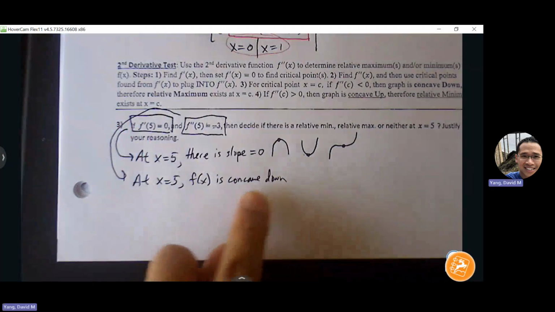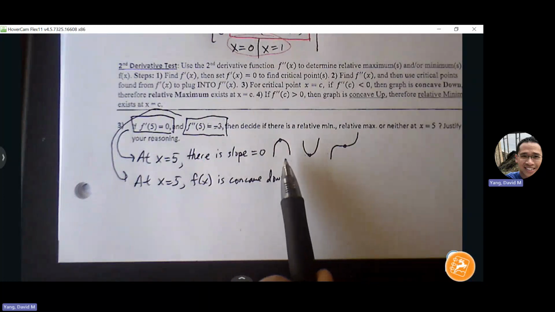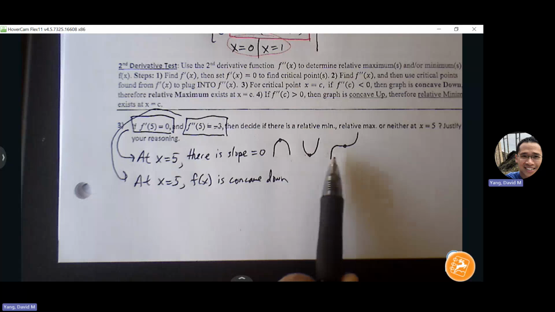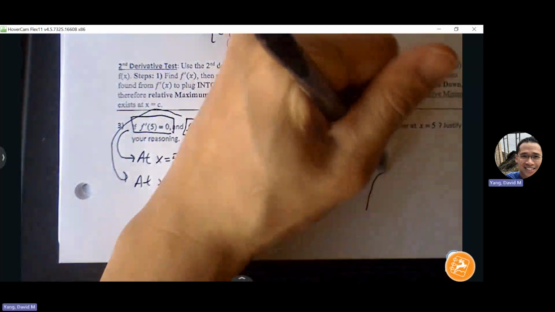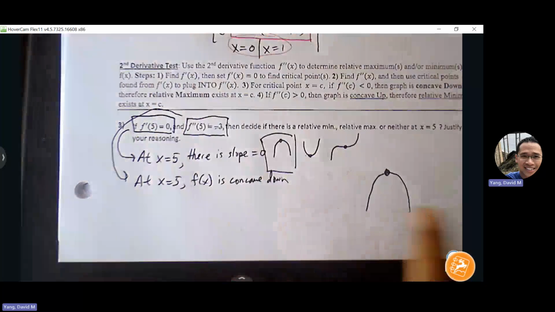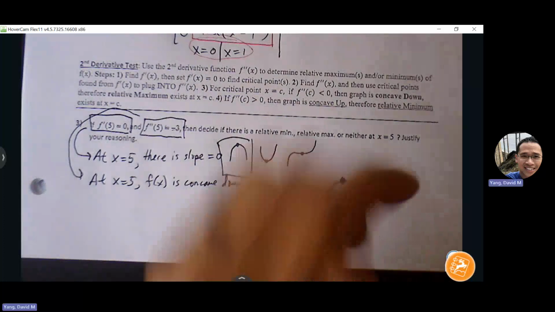So if it's concave down and slope 0, which of these options will the graph look like? The first option, the second, or the third? First one. So if it looks like this graph, then what can we say is happening at x equals 5? There must be a relative max, yeah.